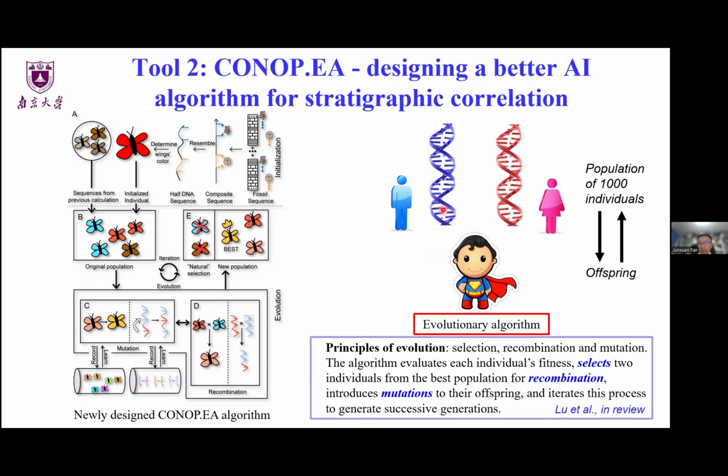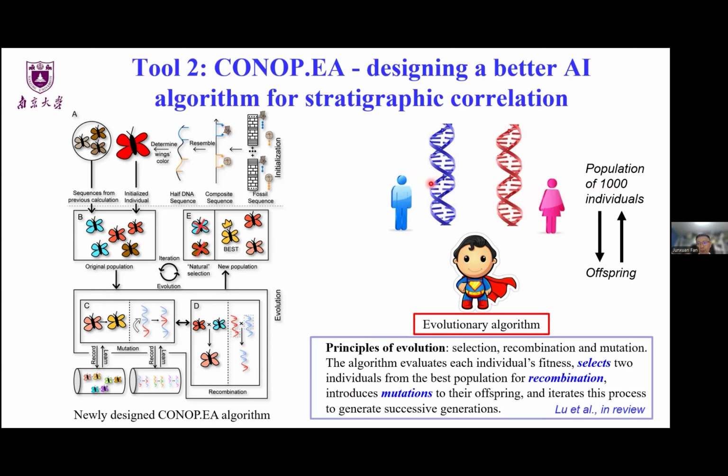For example, we maintain a population with about 1,000 individuals. Each individual indicates one CONOP solution. Some of them are very good, some of them are maybe not that good. But we put them in the population pool, and we randomly pick two individuals, just like two DNAs, and we do some crossover of the two DNAs.